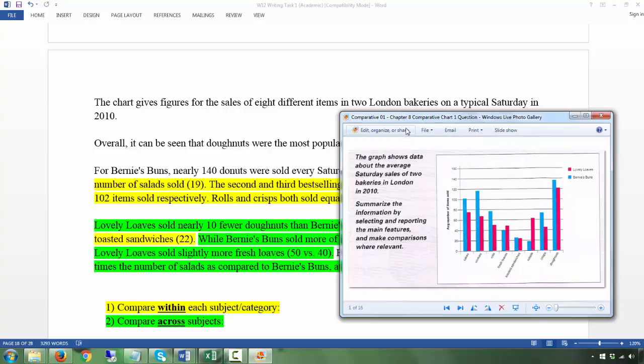Imagine you have just 1 or 2 sentences to tell your friend who cannot see this what is the most important thing that summarizes the whole chart or the whole graph. You could say the first: donuts were number 1 in both Lovely Loaves and Bernie's Buns.